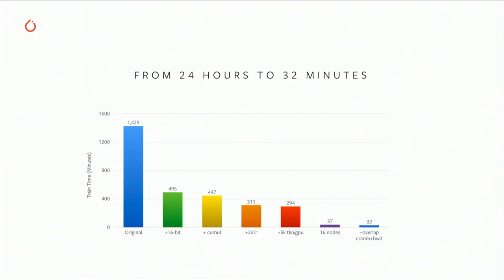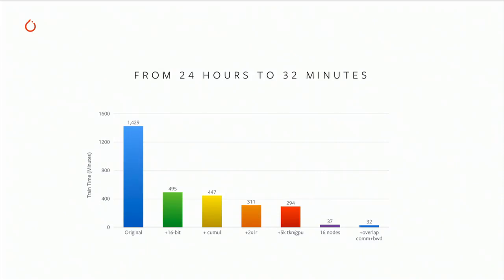What we did is we moved the synchronization point after forward-backward into the future to process several batches at a time. And so the effective batch size increases, and the synchronization point is moved so you don't have to wait for stragglers. And that allowed us to increase the learning rate, because with large batch training you can do that, to further decrease training time.